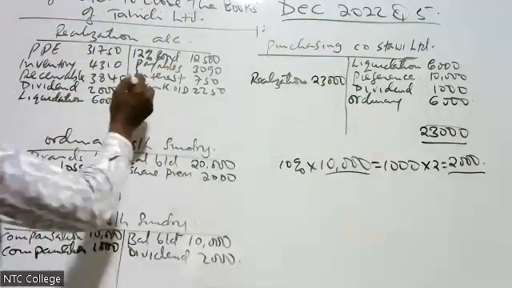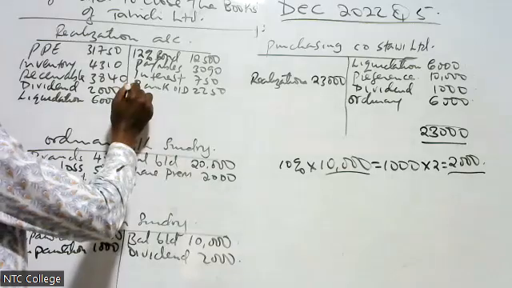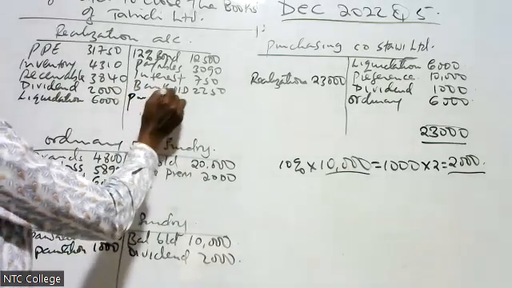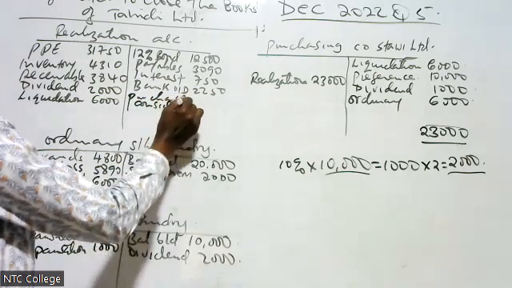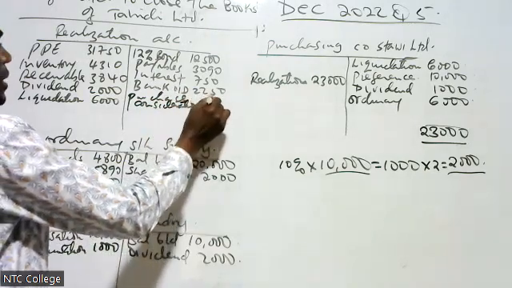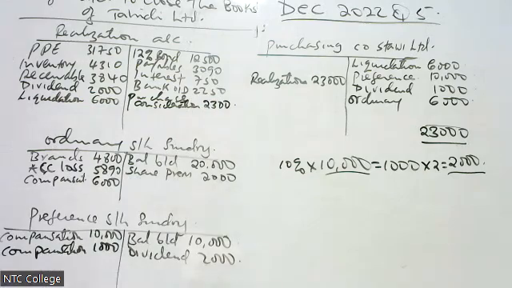Then I credit realization, I say purchase consideration, which is 23. I have accounted for the purchase consideration.